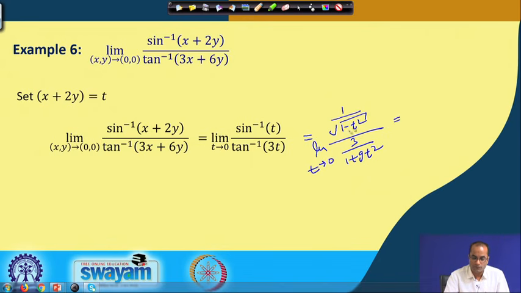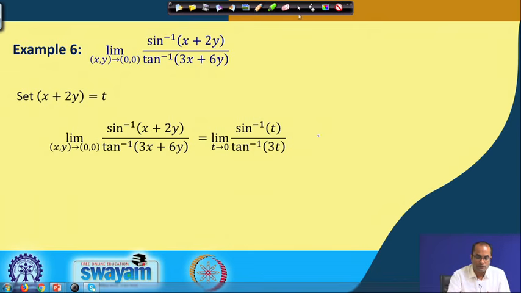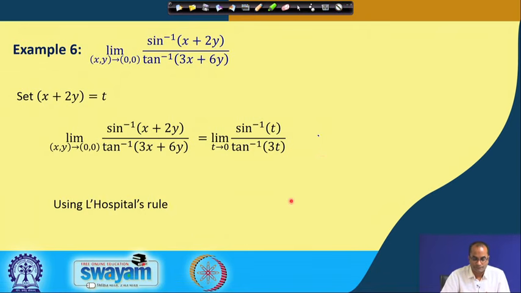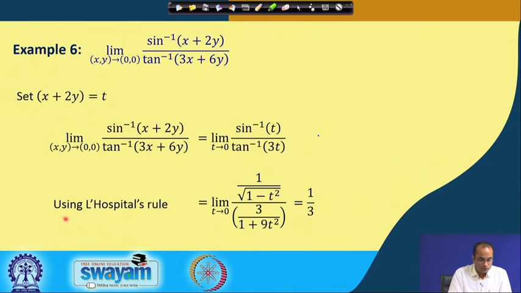As t goes to 0, it will be 1, and then we have 3 here. So this limit will be 1 by 3. Again, this is another approach which could be helpful in some cases when we can change functions of 2 variables to 1 variable.